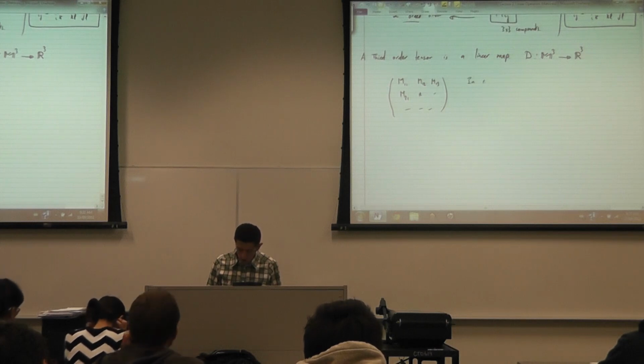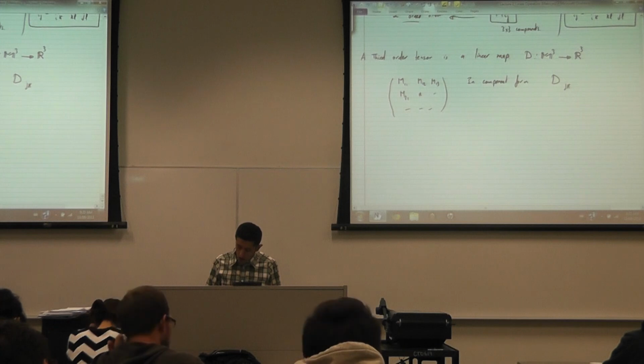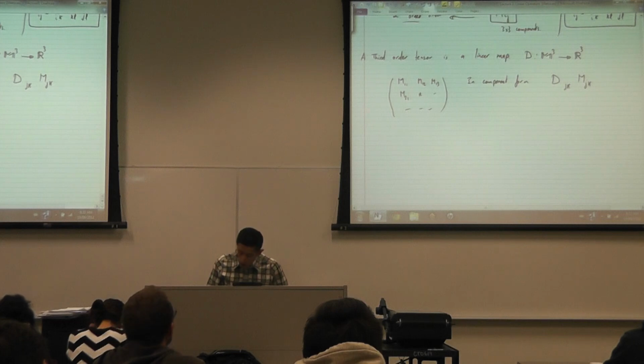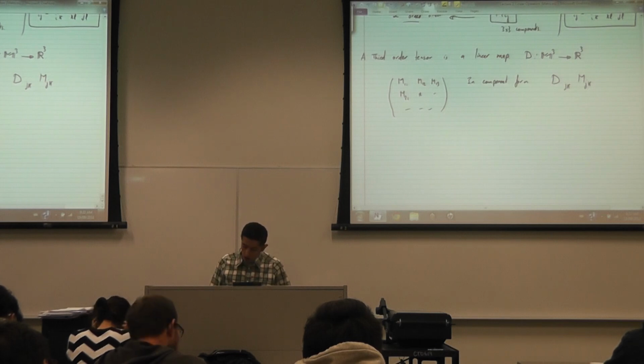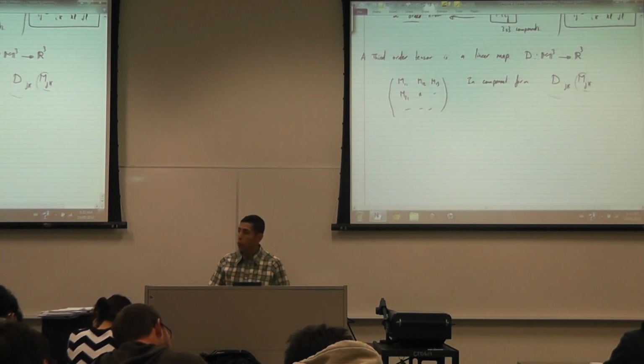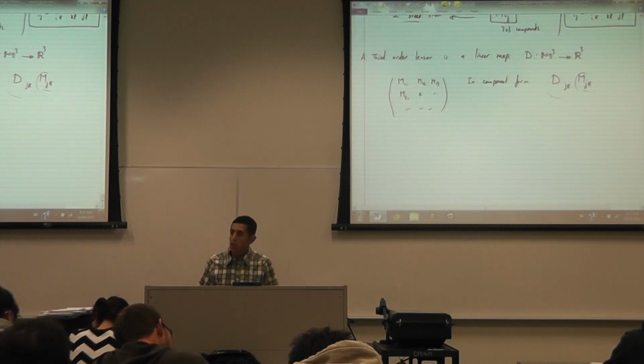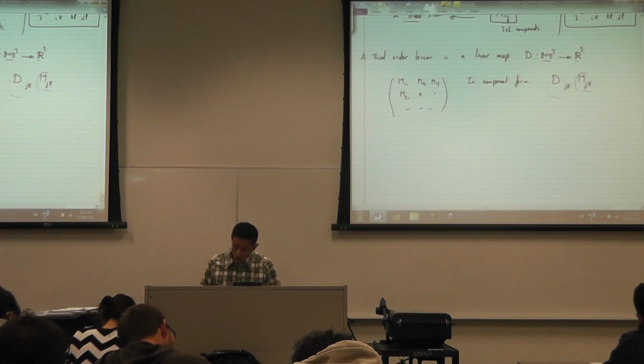So in component form, D_IJK will be the constant that's multiplied by M_JK, because M11 will need a constant, M12 will need another constant. It's a linear map. I'm multiplying all these numbers by constants, and so each component will have a constant that's multiplied by it. But the resulting thing, because it's a linear map that takes from M3 to R3, the result has to be a vector.